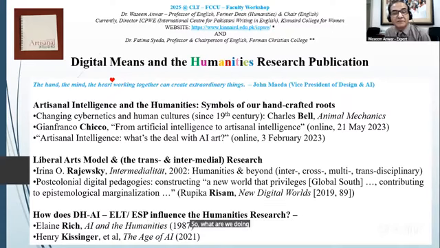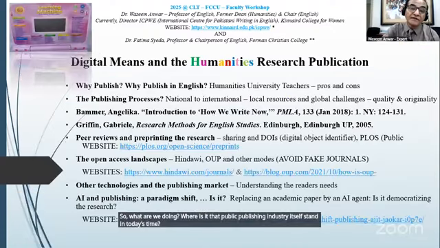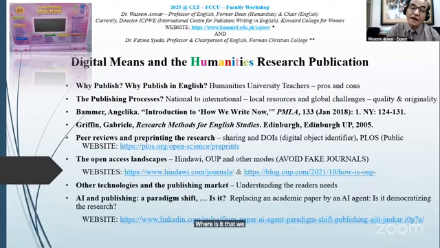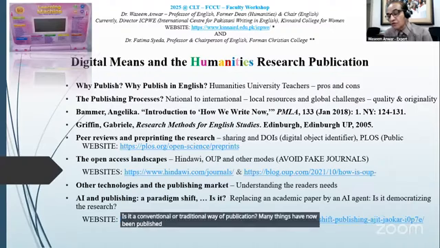Where does the publishing industry itself stand in today's time? Are we still in a conventional or traditional way of publication? Many things are now being published online, of course.